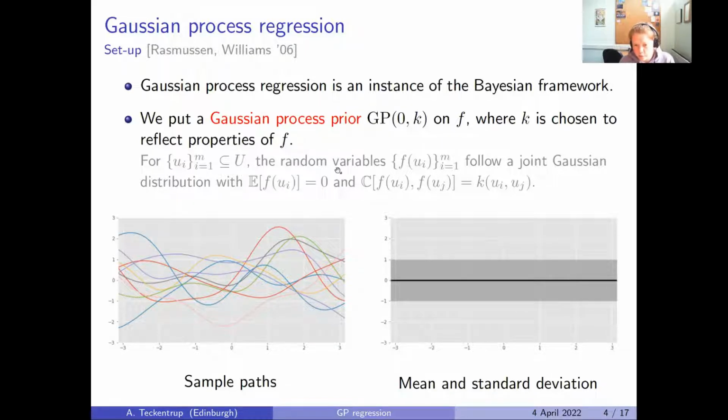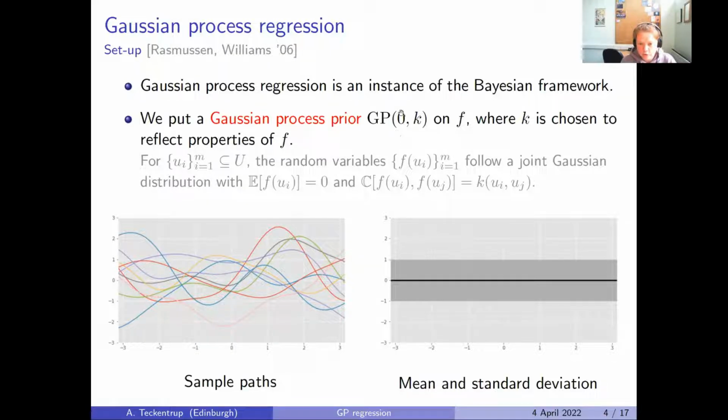If you're not that familiar with Gaussian processes, I've given you the definition here. If we're saying that f is a Gaussian process, that means that at every point u_i in the domain, f of u_i is a Gaussian random variable. And in particular, if you look at the joint distribution of f of u_i at any finite collection of points, that's going to be a multivariate normal random variable.